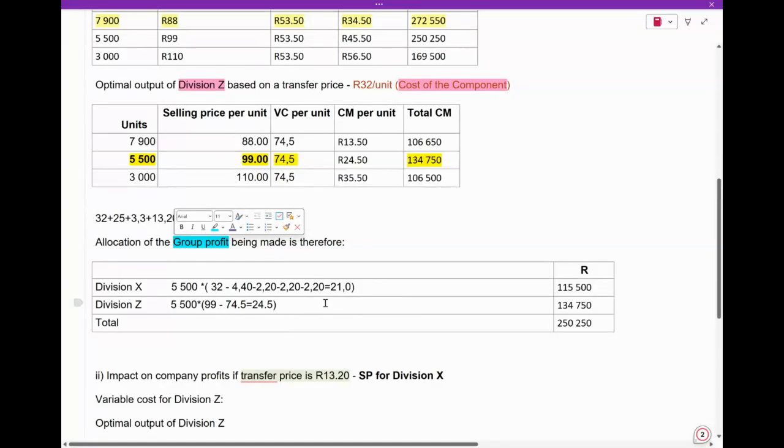Okay, so for division X, we're basically saying now, let me say this before we actually look at this. We know that currently, division Z only utilizes 5,500 units. They told us that in the question. Remember when they said externally, how much do we sell externally?